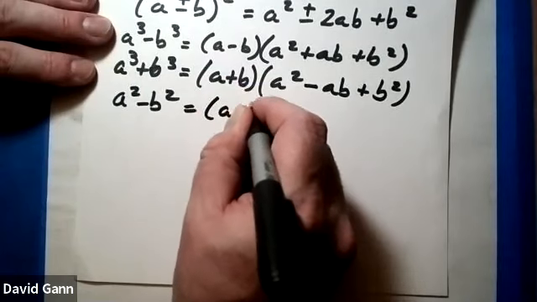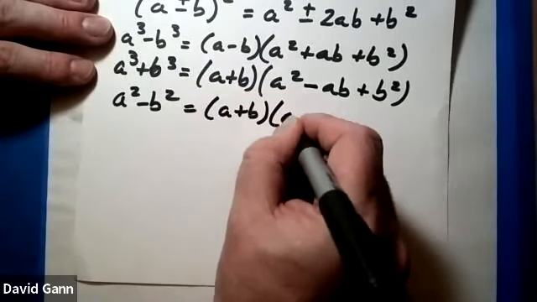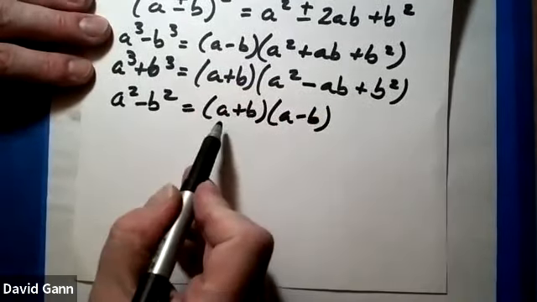But remember, the factorization of a difference of squares is the first term plus the second term times the first term minus the second term. And you can verify, if you FOIL this out, you'll end up with what's on the left. The cross term will actually cancel out. The O and the I have an opposite sign, so they disappear.